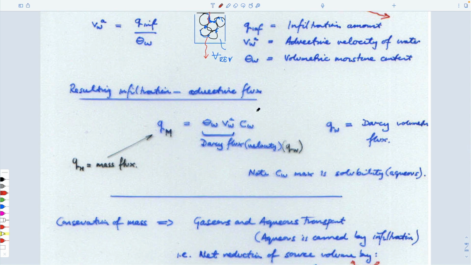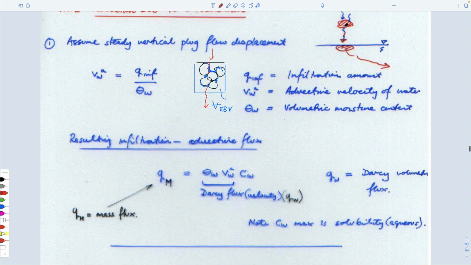If it dissolves stuff within this zone here and continues on its way, the rate at which it will travel will be given by the Darcy flux, which is this term here. The advective velocity multiplied by the water content is the same as taking the Darcy velocity and dividing it through by the volumetric moisture content, which is equal to the advective flux, right? So this is just a rearrangement of that.